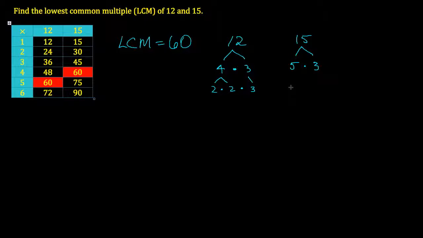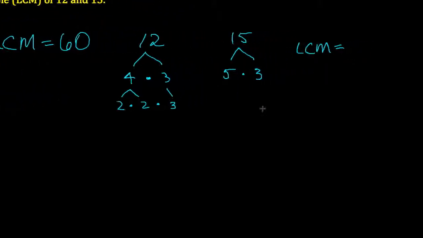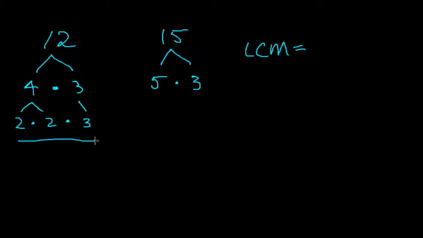If we are trying to build our lowest common multiple, it must contain the maximum of each type of factor in each number. That is to say, my lowest common multiple will be built from the factors of 12 and the factors of 15. Now, when I look at it, 12 has 2 factors of 2, so my lowest common multiple must contain 2 factors of 2. I also look at 12 and say, oh, it's got a factor of 3.